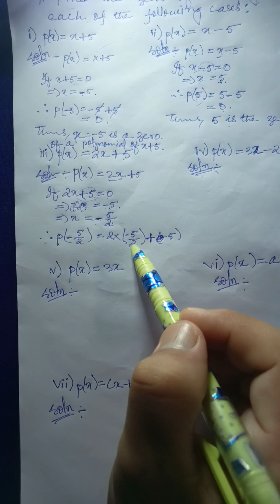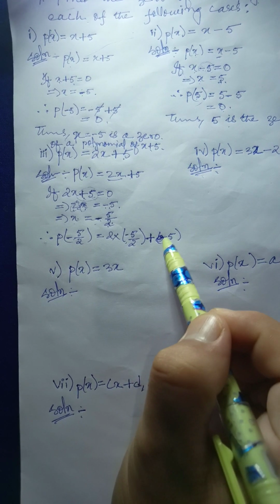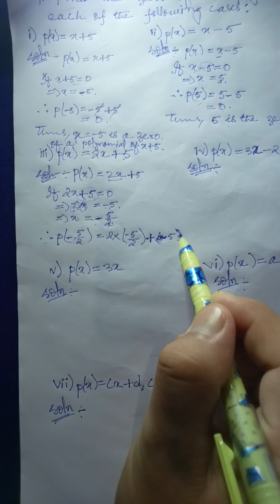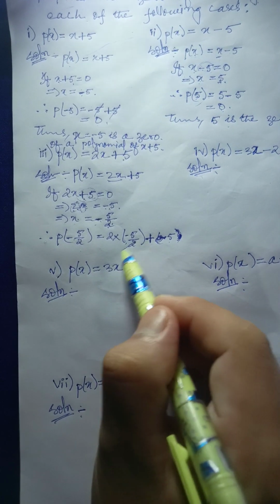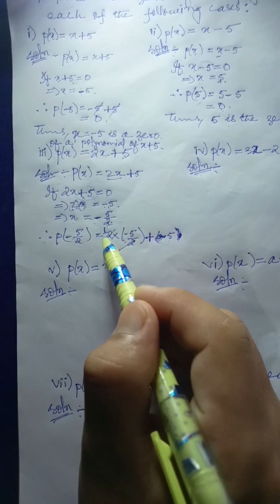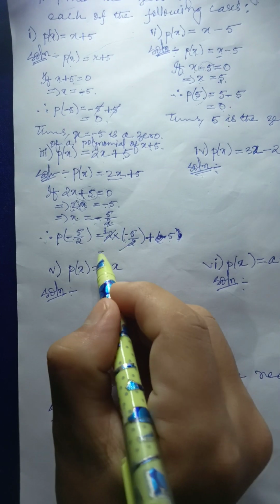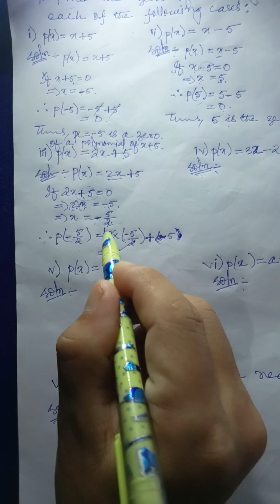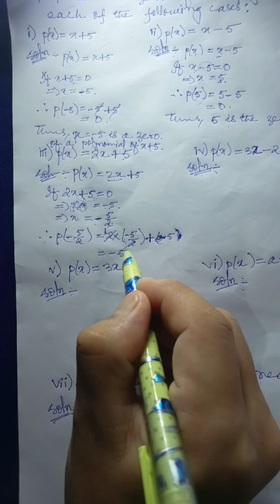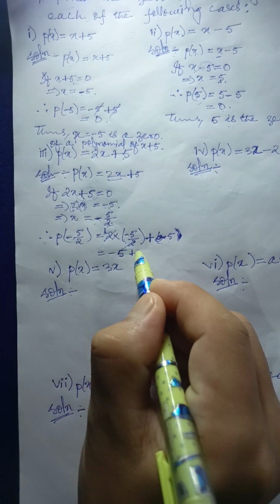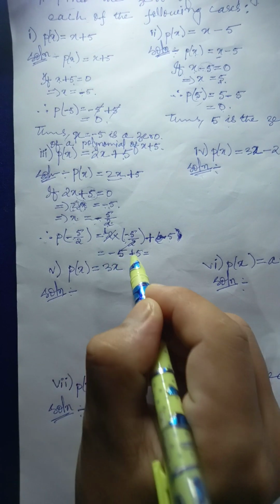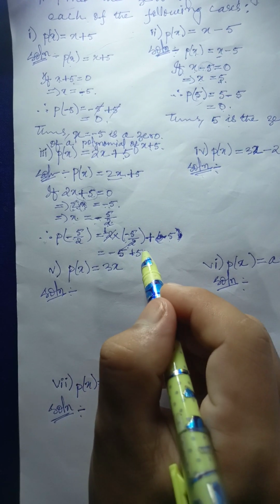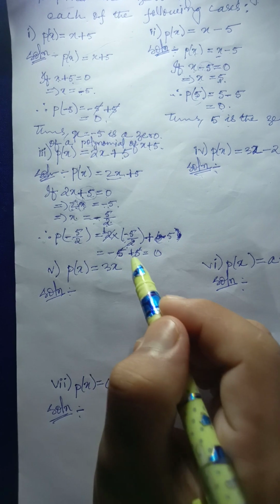So 2 times minus 5 by 2 plus 5. The 2 and 2 can be cancelled, so we get minus 5, and then plus 5. So minus 5 plus 5 will give you 0. You can cancel it like this.